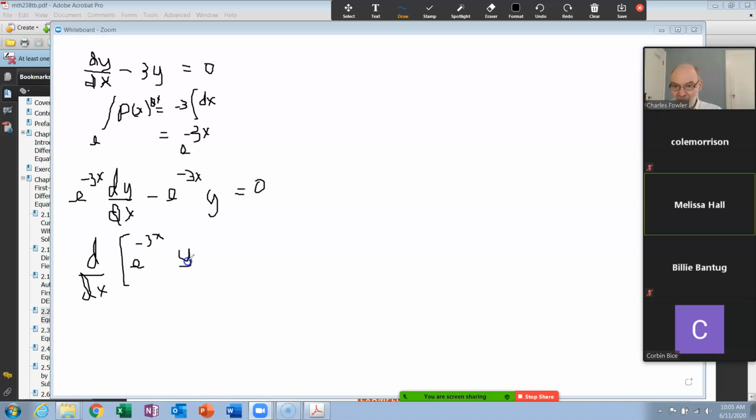That's what their claim is. It's a perfect derivative of that, and that thing is equal to 0. Okay? Let's see if that's indeed true. Let's take a derivative of this, and you get e to the minus 3x dy dx, perfect.